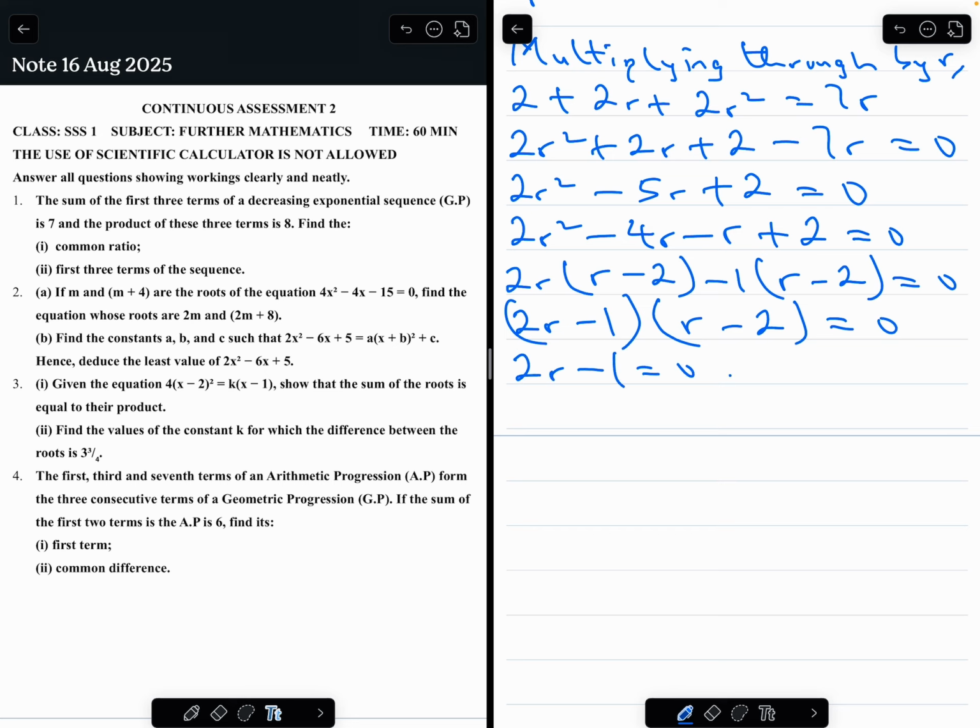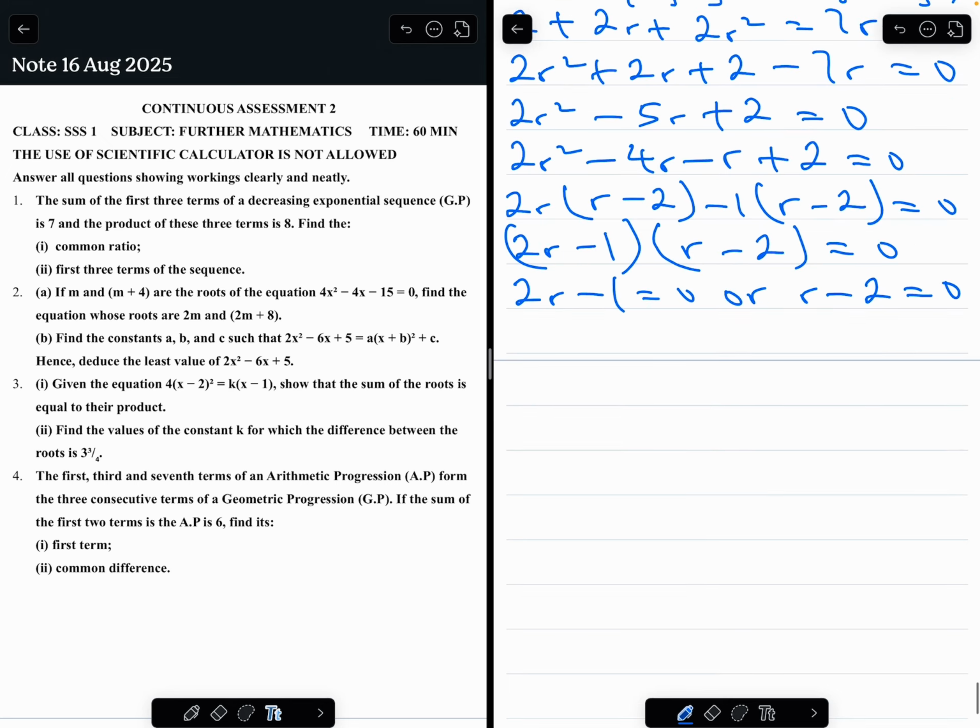So 2R minus 1 equals 0, or R minus 2 equals 0, which means 2R equals 1 or R equals 2. If 2R is equal to 1, that means R equals 1 over 2 or R equals 2.